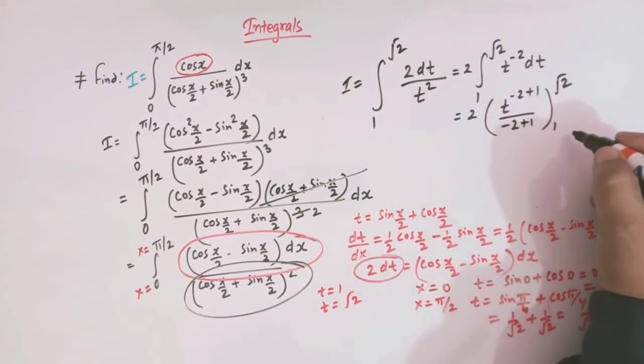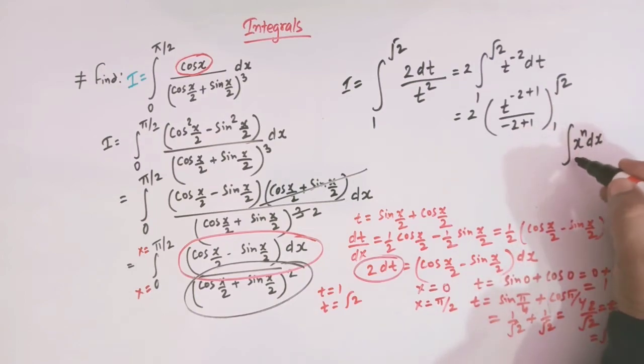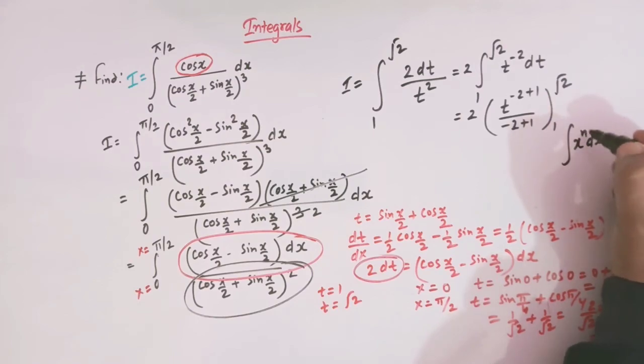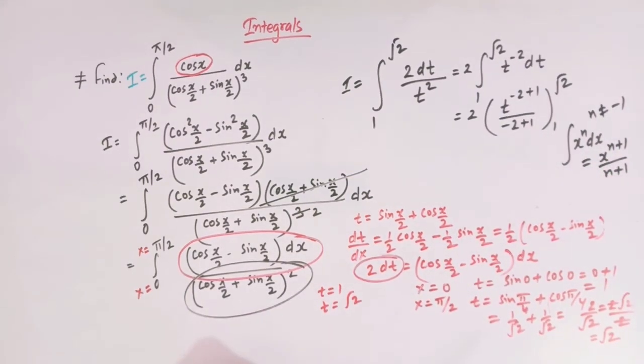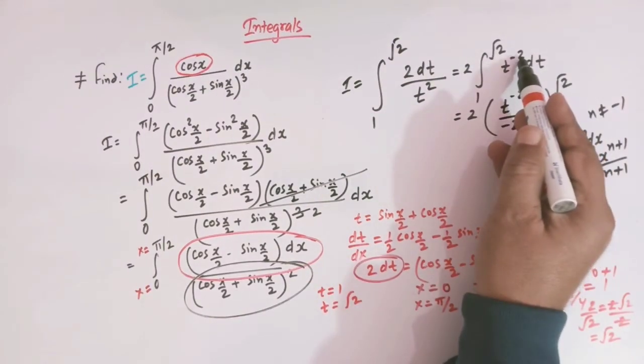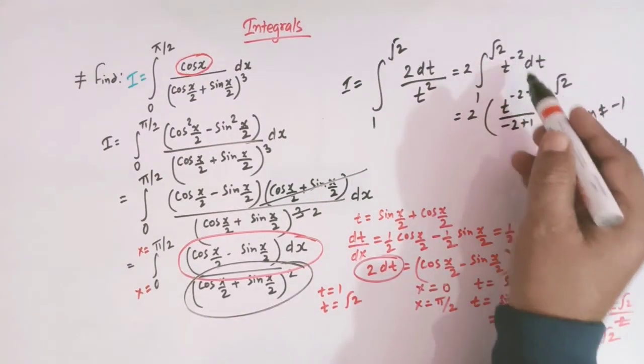So here we have used this result, that is, the integral of x raised to n, where n is any number except minus 1, is x raised to n plus 1 over n plus 1, right? So in this case n is equal to minus 2, right?